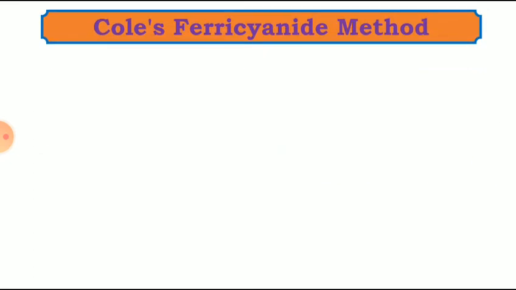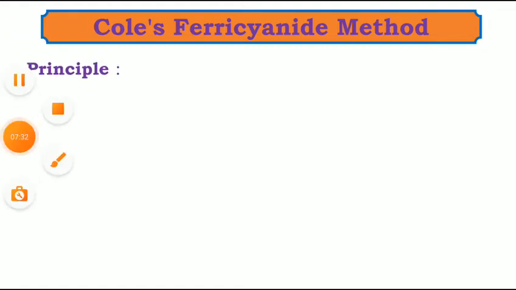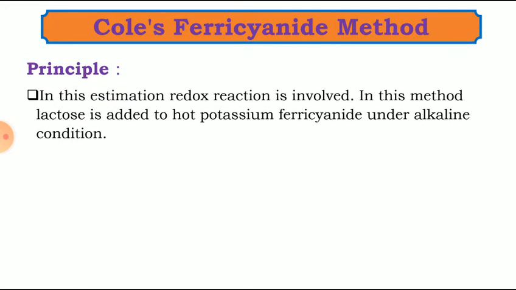Now, the actual method, the ferricyanide method. First, we will see the principle of this method. In this estimation, a redox reaction is involved. That means when we estimate the sample solution, a redox reaction takes place.